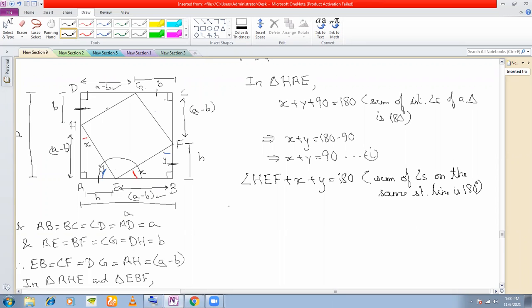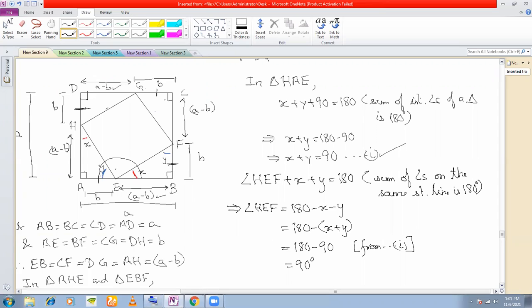So what do I get here? Angle HEF is equal to 180 minus X minus Y. So I get 180 minus, you can take this as X plus Y. But what is X plus Y here? 90 degrees. So it is equal to 180 minus 90 from 1, which is equal to 90.